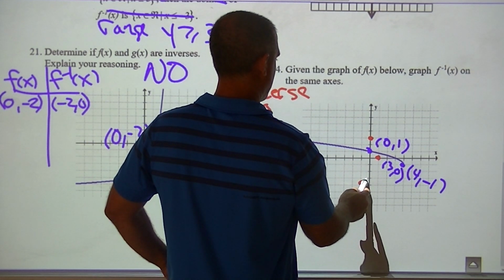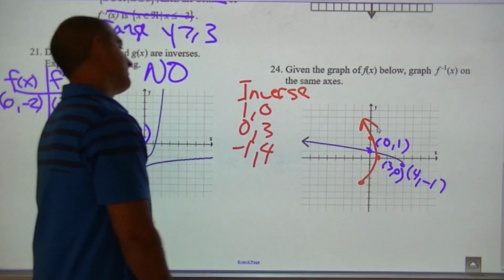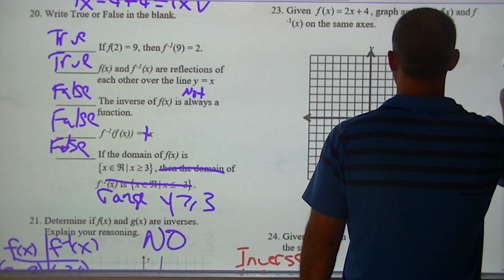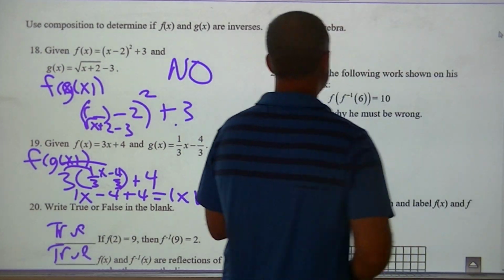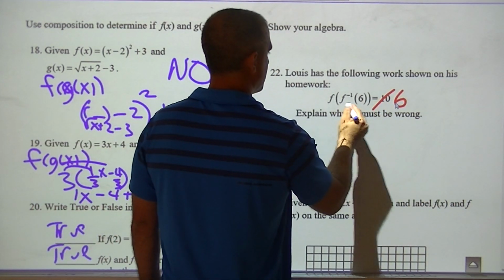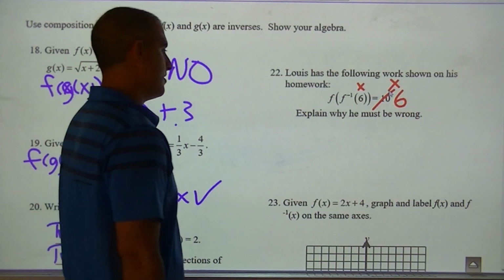Instead of the next point being 1, 0, it would look like something like that. Okay, 22. This should have just been 6, because when you do the inverse of x, it's got to stay x.